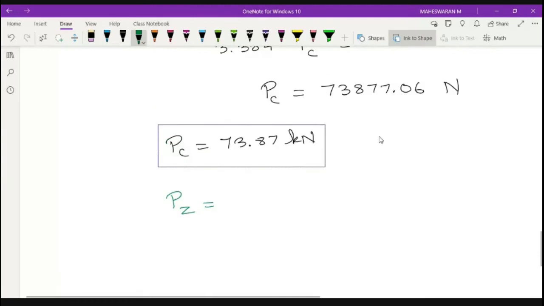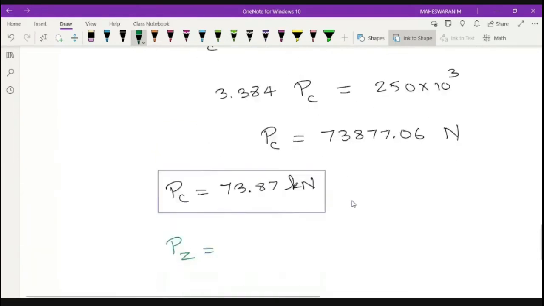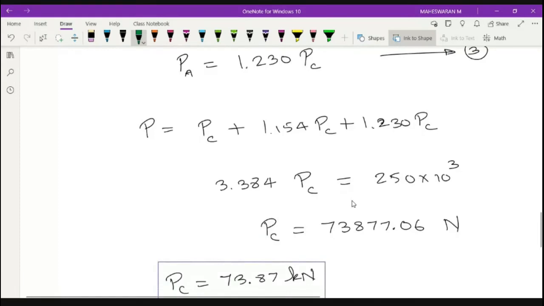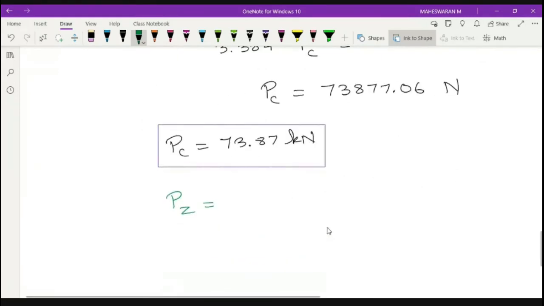So I multiply 73.87 by 1.154, and we get 85.245 kilonewton.